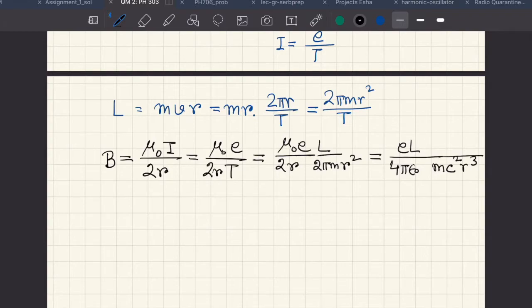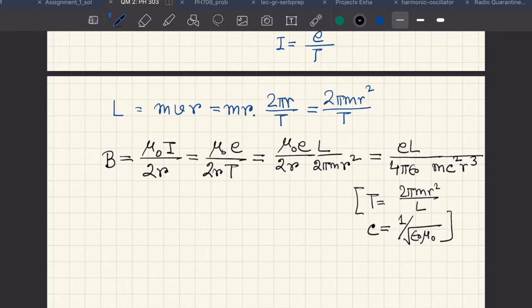Now what did I do in this step? I used the expression T equal to 2 pi m r square by L. Also I have used this expression that the speed of light is given by 1 by square root epsilon naught mu naught. So by using these two I have obtained this result.